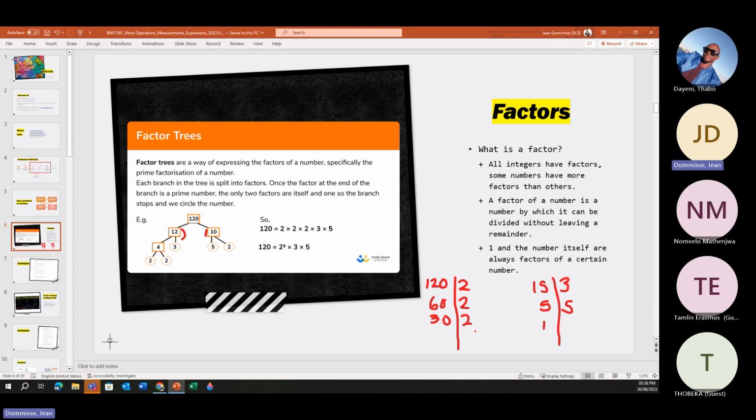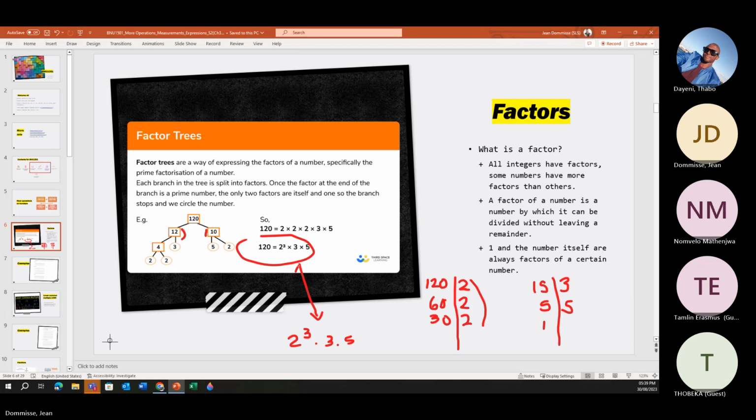So what we're sitting with is 2 to the power of 3 times 3 times 5. And you will see it's exactly the same as we have there.